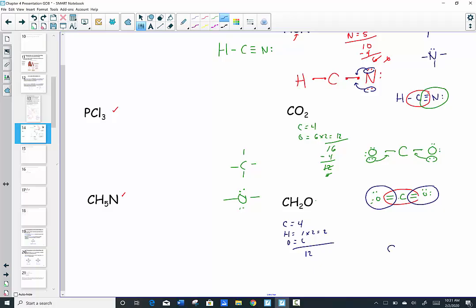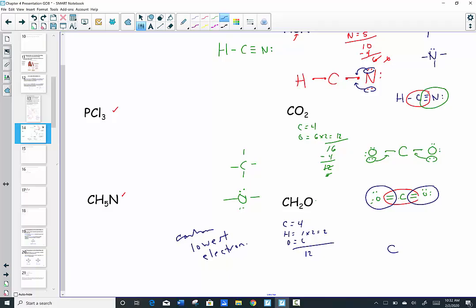The least electronegative element goes in the center. Now remember what that means? That's carbon, the farthest from fluorine. Carbon is further from fluorine, so it is least electronegative. That term we'll learn just means the ability to draw electrons towards itself in a shared pair.